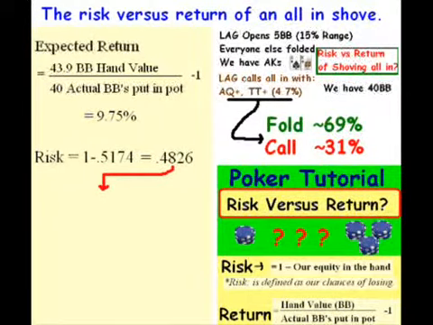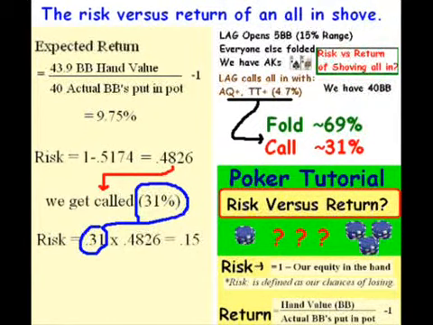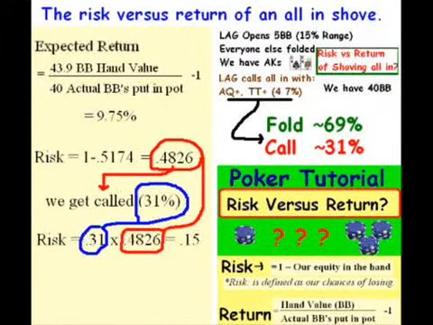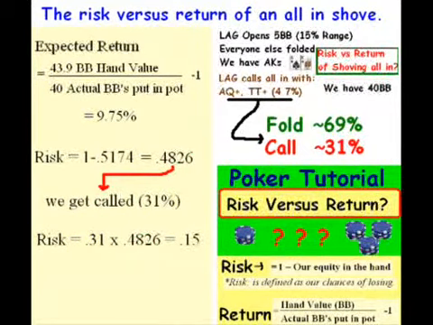We have to take the 0.4826 number and factor in the fact that we're getting called only 31% of the time. So our risk is going to be 0.31 times the 0.4826 number I've highlighted in blue and red, and that's going to come out to a grand total of 15%. So our net risk is 15% here.